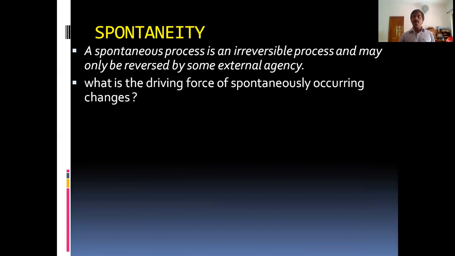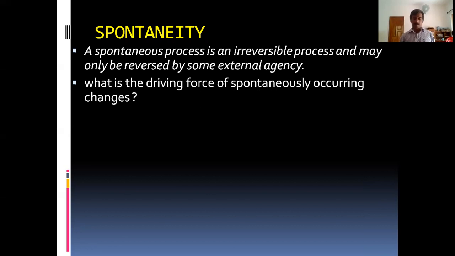For example, consider burning of a paper. You have to first ignite the paper, initiate the burning. Then it will burn continuously without the help of an external agency. So spontaneous processes can be classified into two: the first, spontaneous processes which need initiation, and the second, spontaneous processes which do not need initiation.